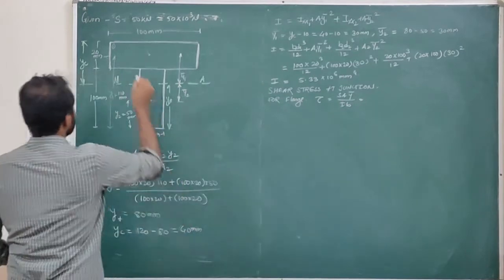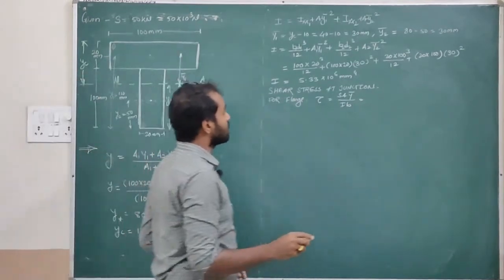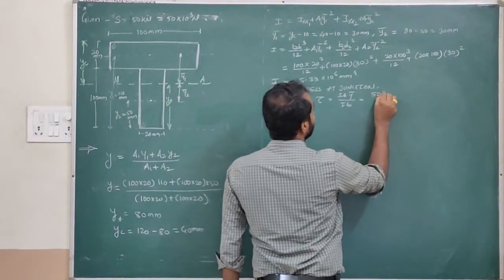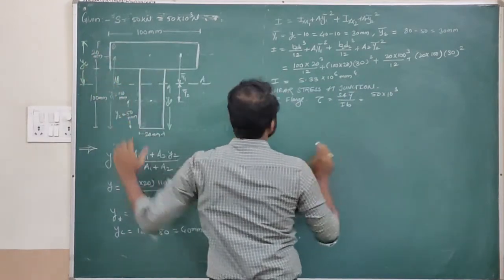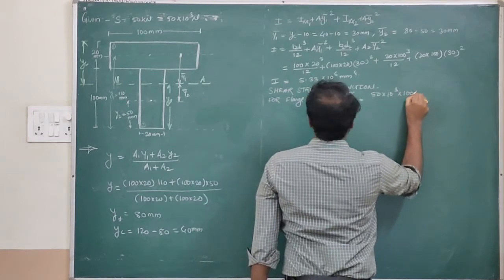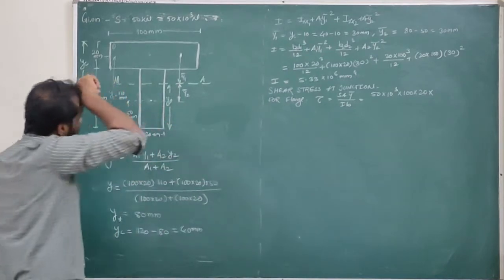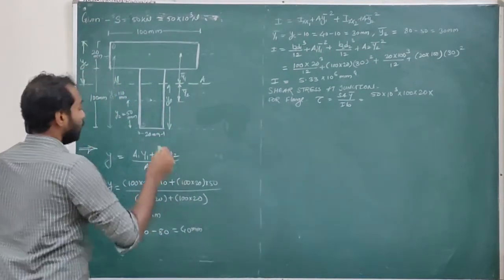Now we are considering this area. As we know the value of shear force, it is 50 into 10 raised to power 3. Area, we need to consider this area, so the area will be 100 multiplied by 20. What is the value of y bar? Again, y bar is the distance of the center of gravity of our shaded portion from the neutral axis.